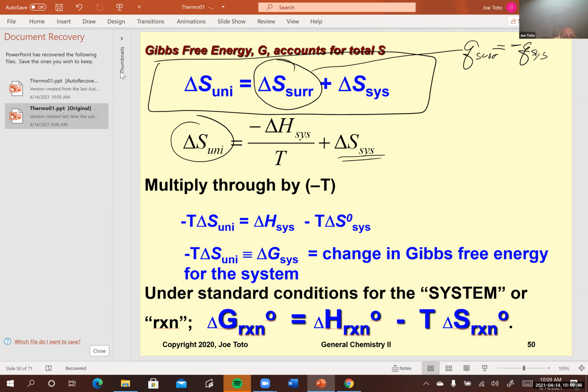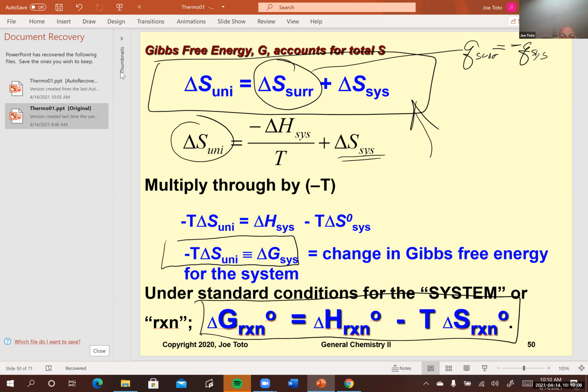So last time we said, all right, we're going to make a new definition. And by making a new definition, we can change the equation of the second law that looks like this into something that looks like this, where all the terms are terms for the reaction or the system.